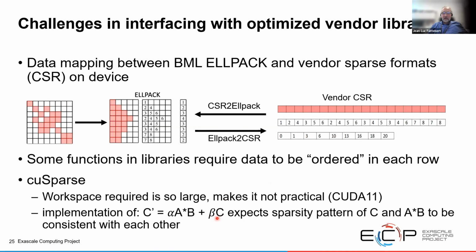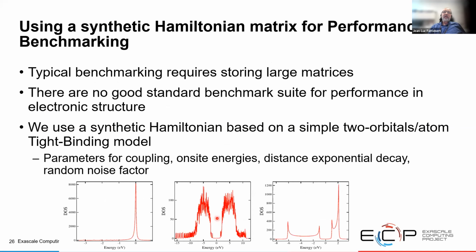Let me now show some results and how we did the testing. The first thing is to be able to test systematically for a range of matrix sizes. What we did is we developed our own model Hamiltonian to test performance. There's basically no good benchmark in the field, and we wanted to avoid storing very large matrices.